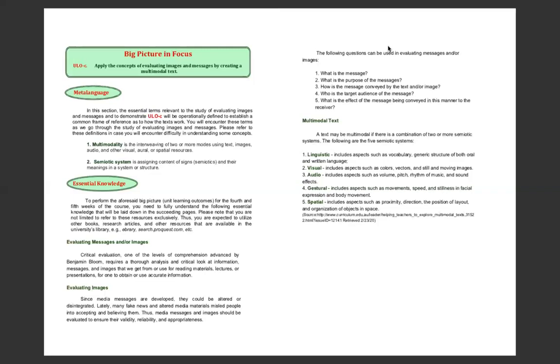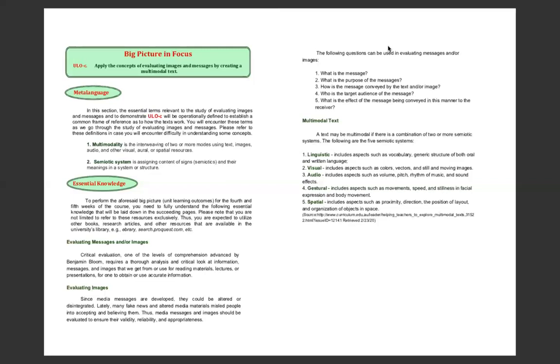We have to evaluate the messages that we read or the images that we see so that we will know if it's fake or not, or if it's reliable or not, or if it's valid or not. So that is one of the objectives why we need to evaluate messages, especially nowadays that everything is accessible on social media, in the internet. So we have to know if it's valid, if it's reliable, if it's fake.